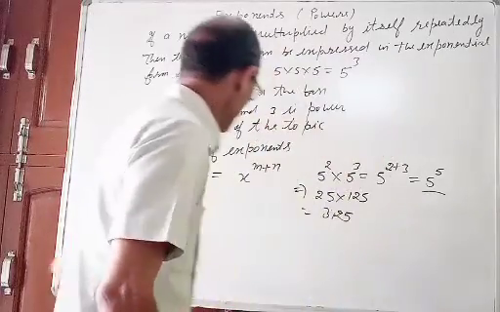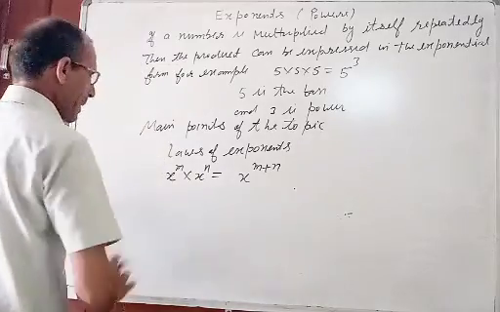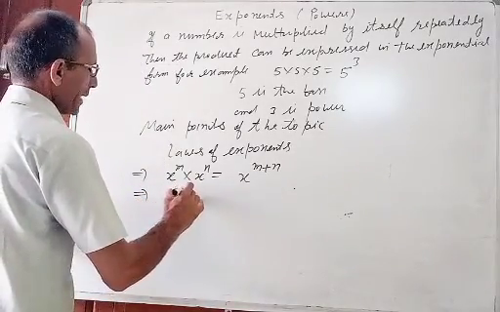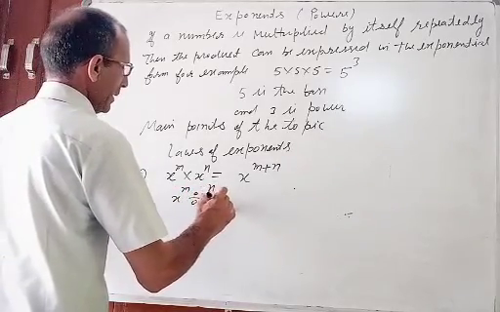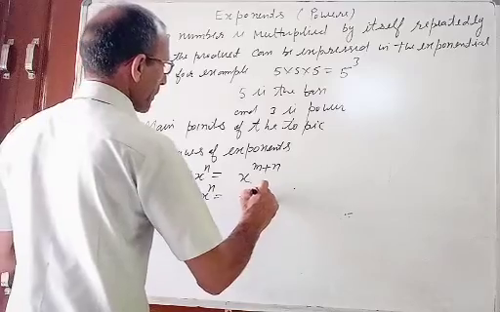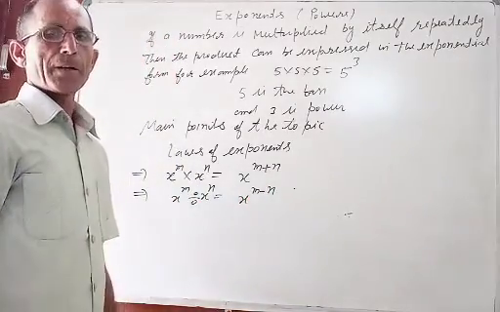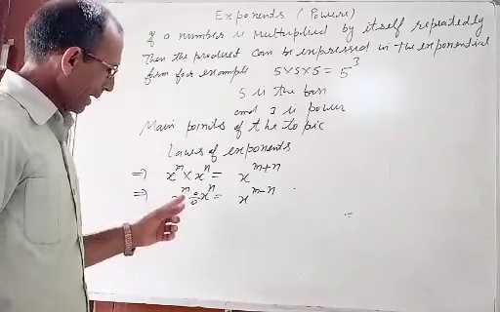Second, if bases are same, x raised to the power m divided by x raised to the power n is equal to x raised to the power m minus n. Any doubt, any confusion? So what is our rule?